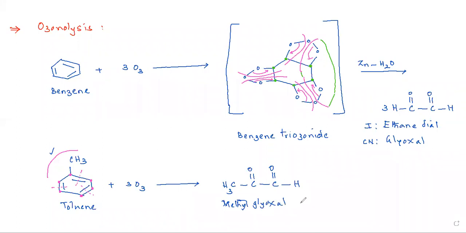Methyl derivative of glyoxal. Now, how about the remaining? They give us the simple glyoxal. Right? That's it. Now, this is the ozonolysis of toluene. Next.